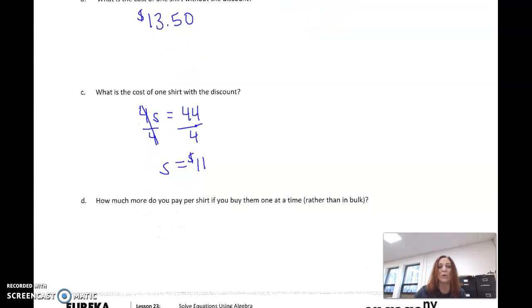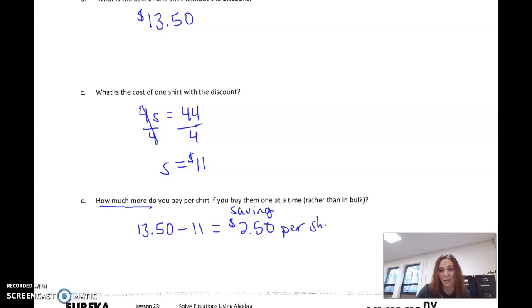So how much more do you pay per shirt if you buy them one at a time? Well, without the discount, he was going to pay $13.50. But with the discount, he's paying $11. So if I subtract that, he is saving $2.50 per shirt.